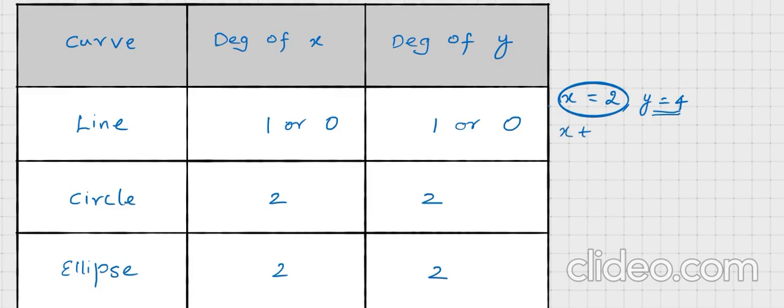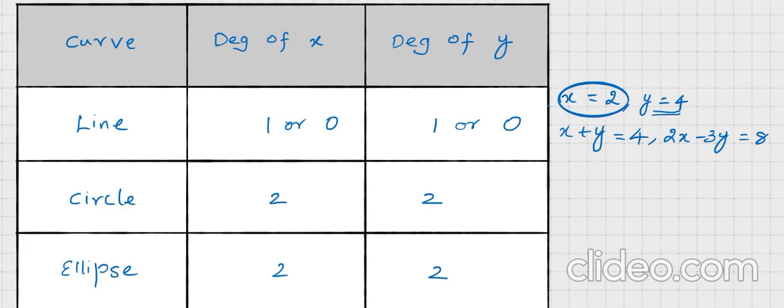Similarly, x plus y equal to 4 and 2x minus 3y equal to 8. We can write crores and crores of equations like this, where the degrees of x and y do not exceed 1. The maximum degree should be 1.